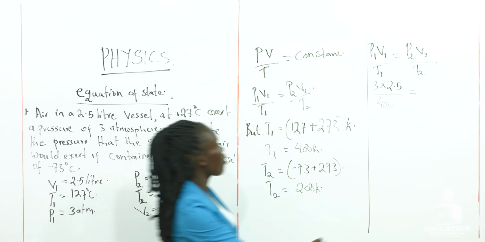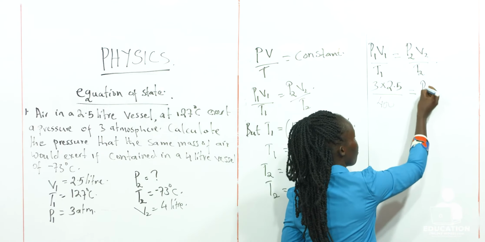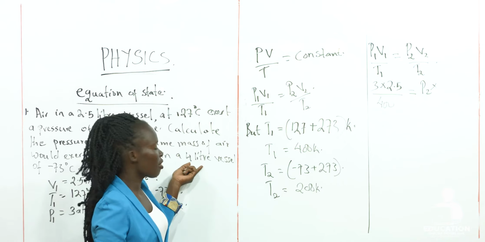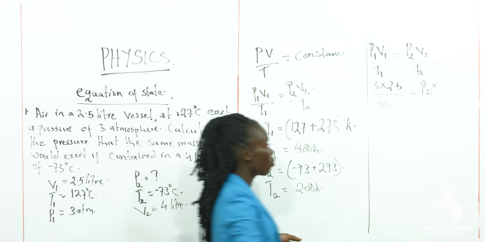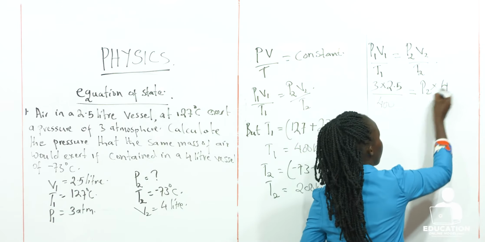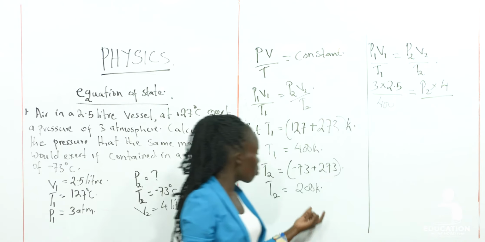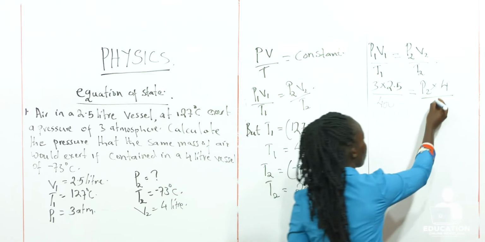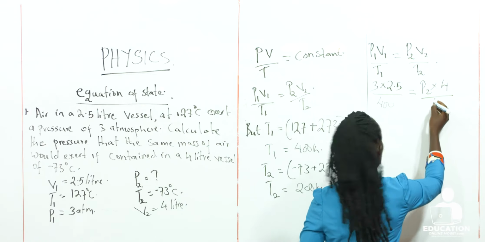So we shall have our pressure two, multiplying it by the volume now, which is 4, then divide through by the value of the temperature on the Kelvin scale, which is 200.